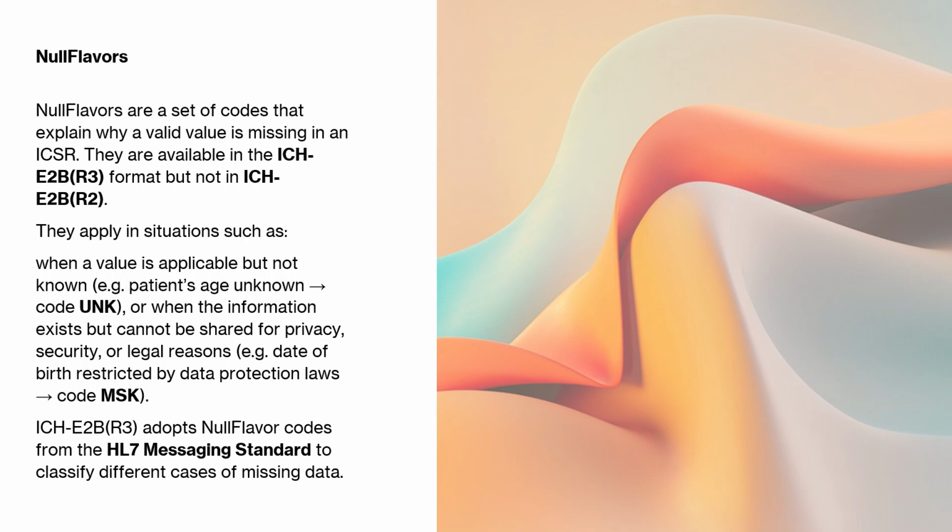So there was an ICH E2B R2 standard which was used earlier, and it was used widely before 2016, and it has more limited data fields as compared to R3. But we have ICH E2B R3, which is the latest version, and with this latest version, it improved the quality of data, the consistency, and the international harmonization.